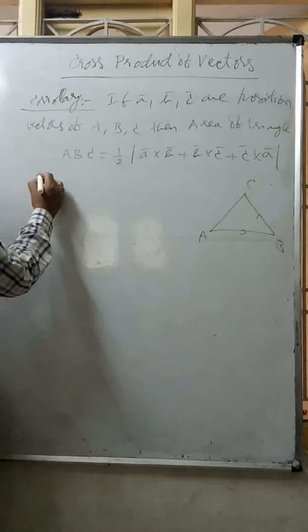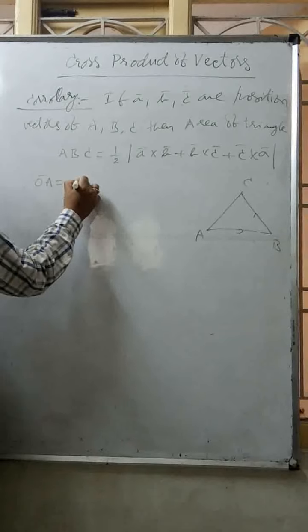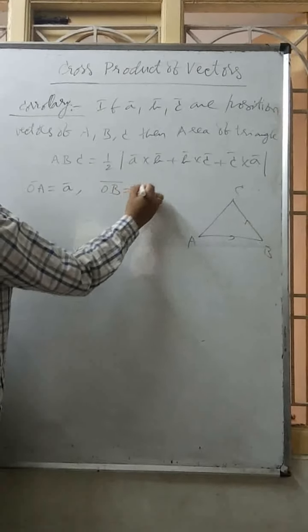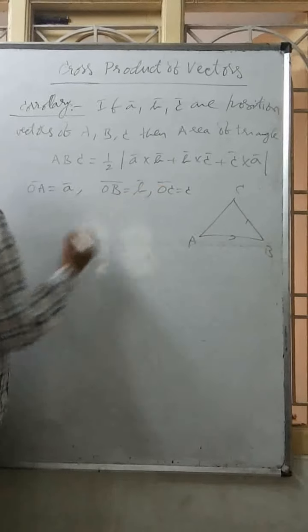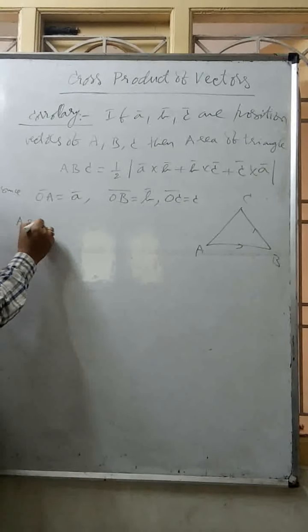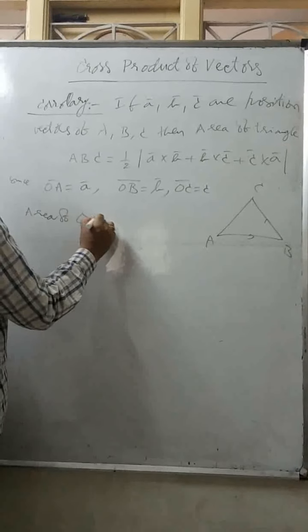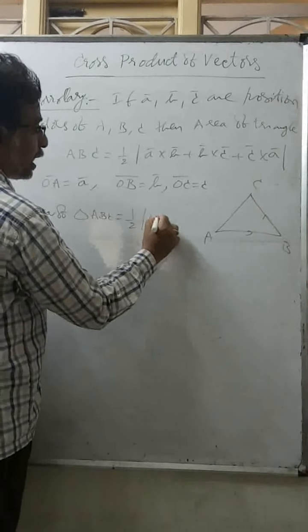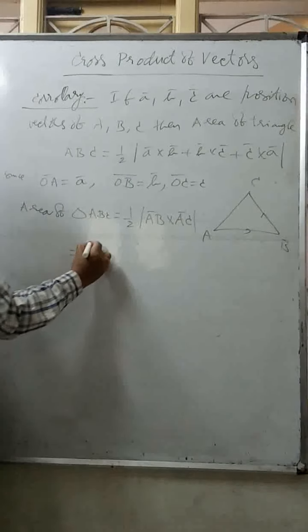So, given that OA bar equals A bar, OB bar equals B bar, OC bar equals C bar, we know that the vector area of triangle ABC equals, as we discussed, half mod AB cross AC.